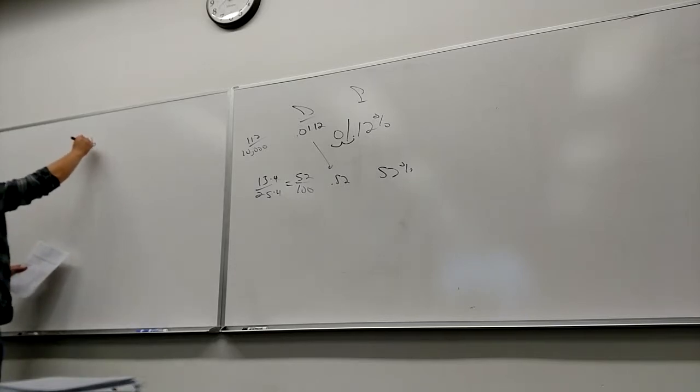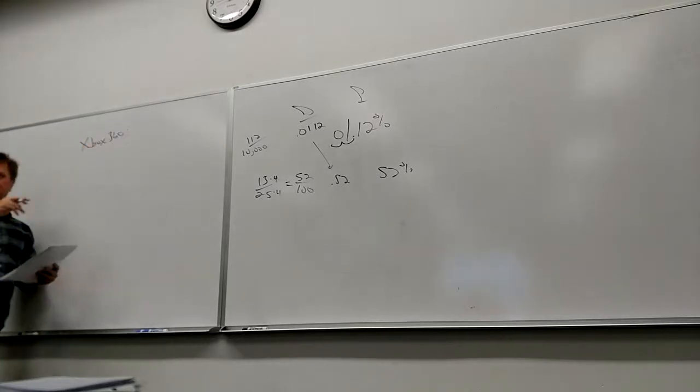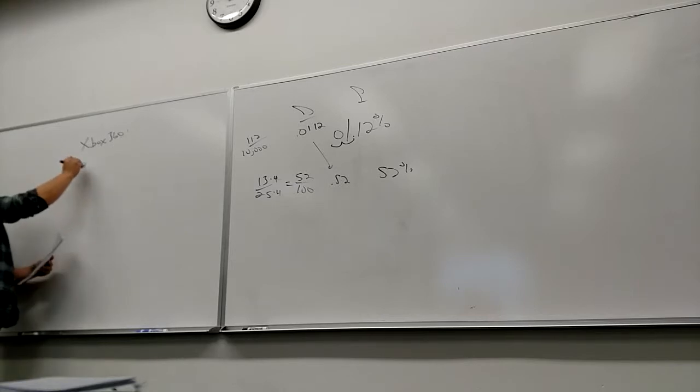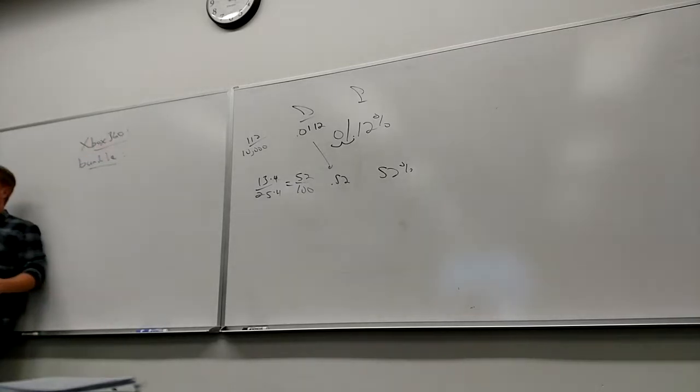So you got an Xbox 360 and a bundle of games, right? So I'm going to try to create an equation out of this situation.